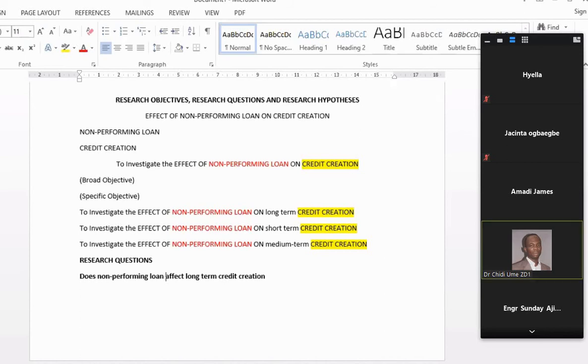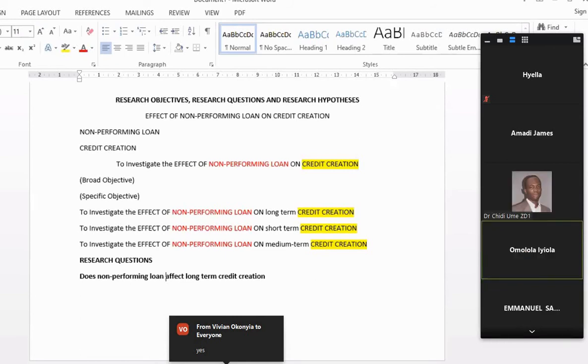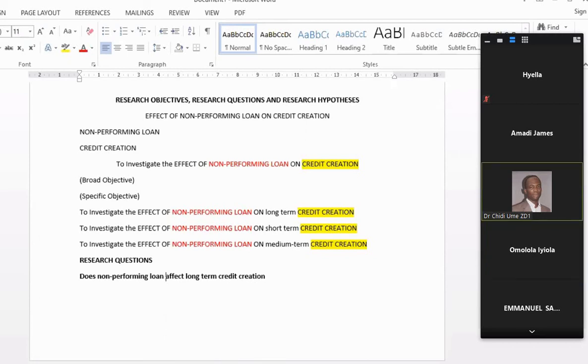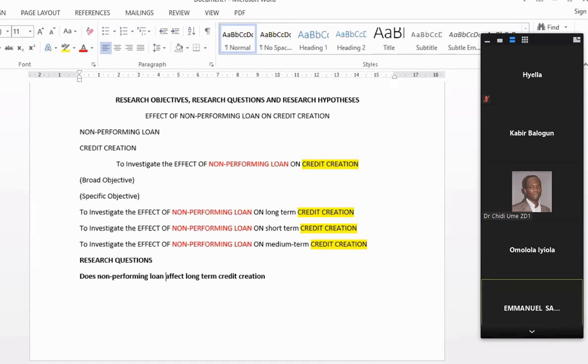Your answer is a yes, right? Now, if your answer to this question is a yes, you don't need research to answer it. That disqualifies it as a research question, because you don't need to carry out research to answer the question if the answer can be a yes or no.